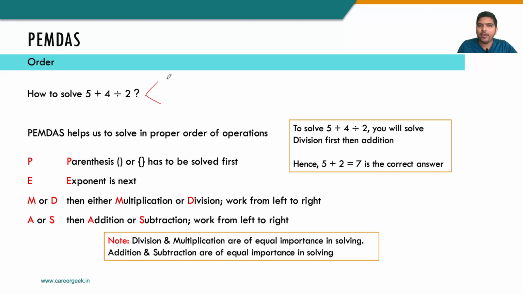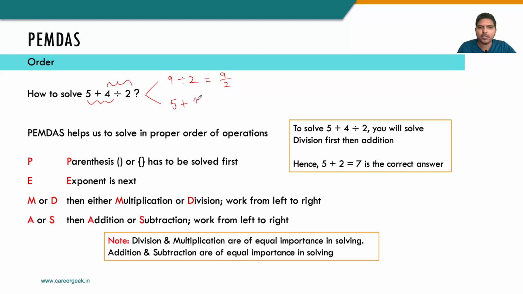Now, if I add first, what happens? I get 5 plus 4 is 9, divided by 2, right? Now, the other way is if I divide first and then add later. So we'll see, do we really get the same answer or not?